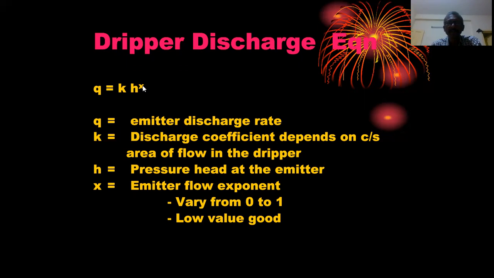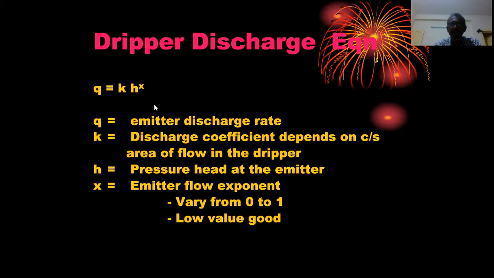Lower values of flow exponent are very good. Let us assume that x is 0. What will happen? Q will become equal to the discharge coefficient. So you will get a constant discharge irrespective of the pressure head in the pipe. So this is highly desirable. Along the lateral, the pressure will vary.